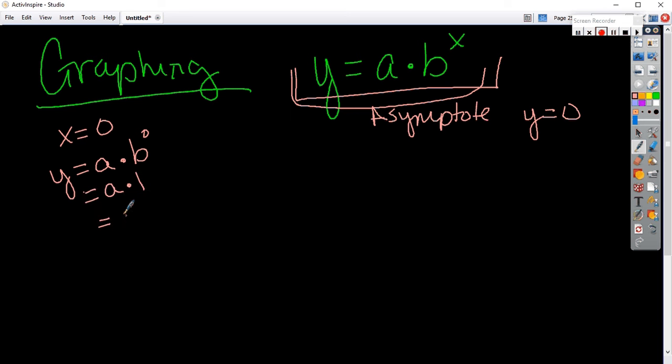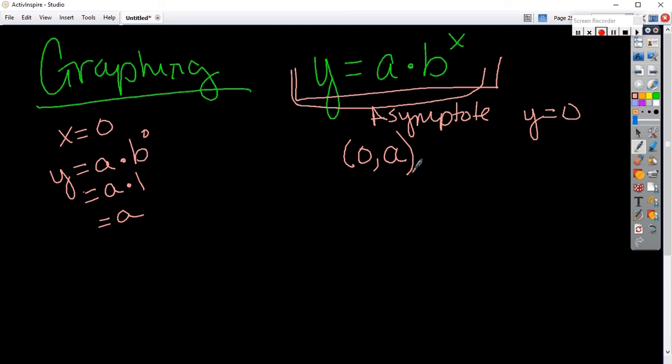So what point is on every single one of these graphs? The point (0, a). Are y'all with me on that? That is the y-intercept of all these graphs.